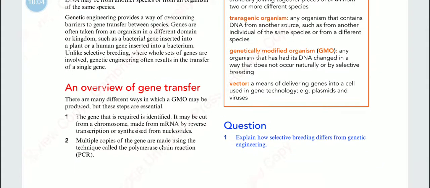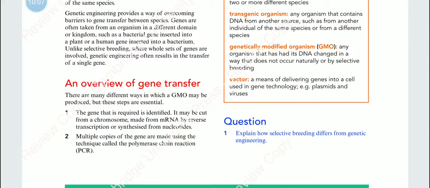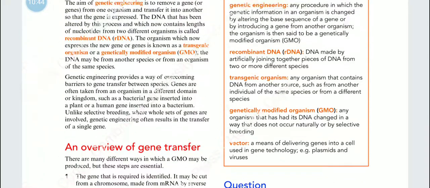In genetic engineering, the following steps are essential. Number one, the gene that is required is identified, taken out of a chromosome, made from mRNA by reverse transcription, or synthesized from nucleotides. Number two, multiple copies of the gene are made using the technique polymerase chain reaction, capital PCR.